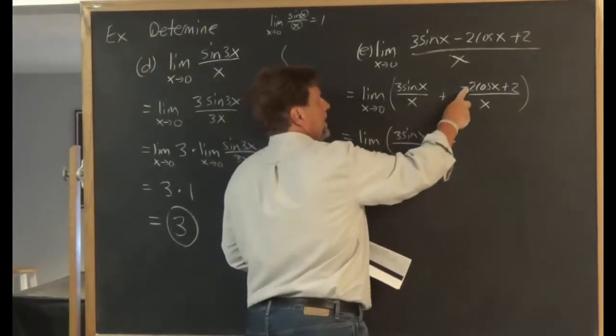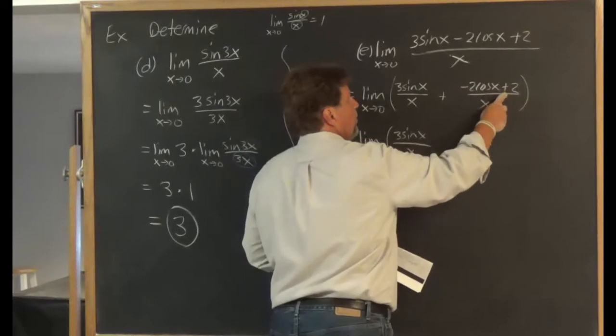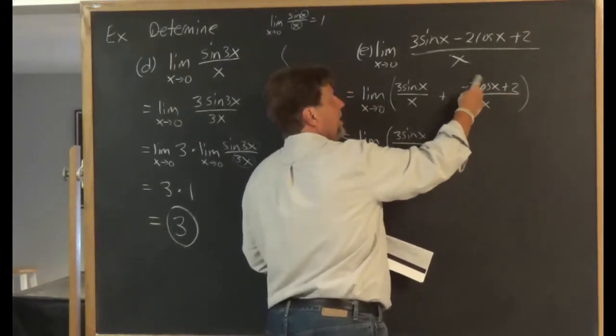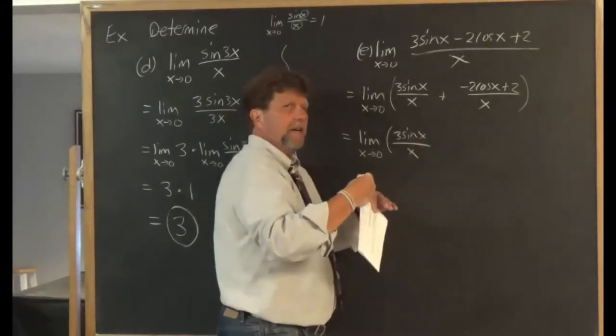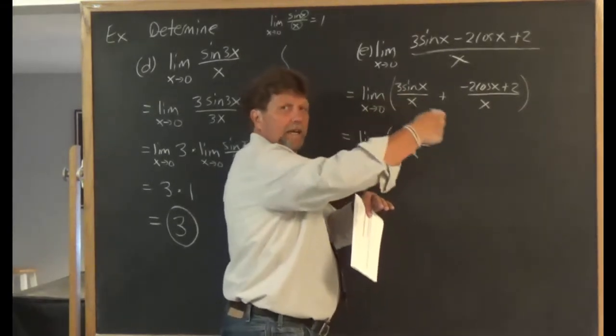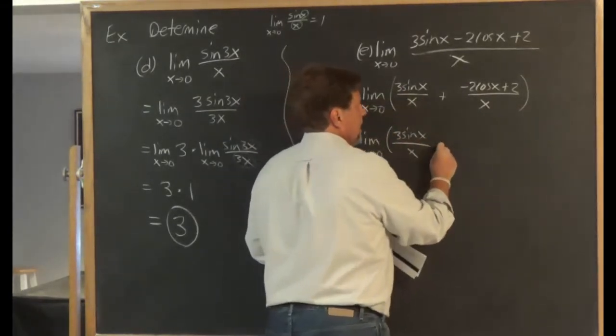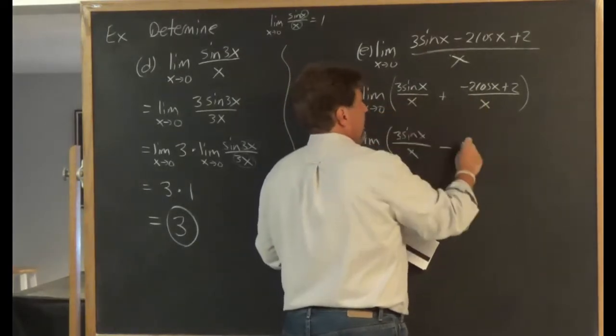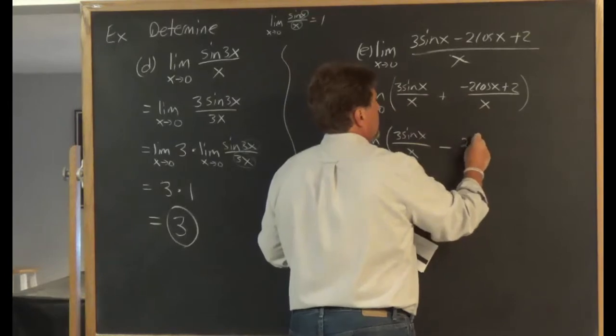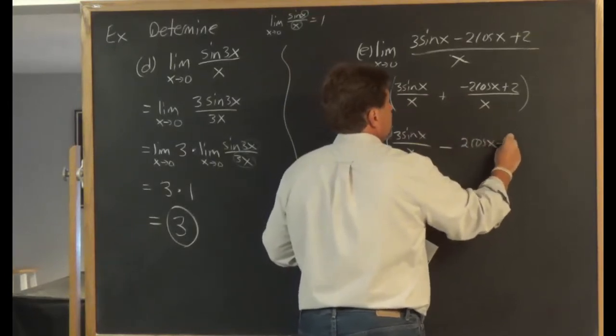I'm going to factor a negative 1 out of the numerator and turn this addition into subtraction, because after I factor out a negative, I'd have plus a negative, which is the same thing as subtraction. So when I factor a -1 out of here, I'll have a 2 cosine x minus 2.